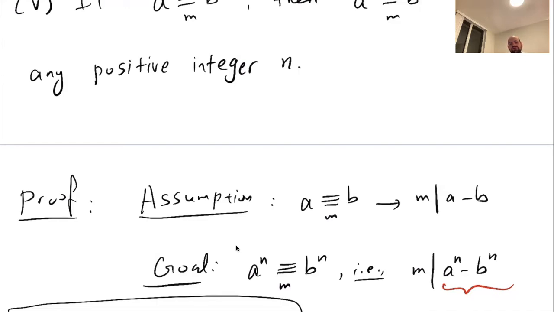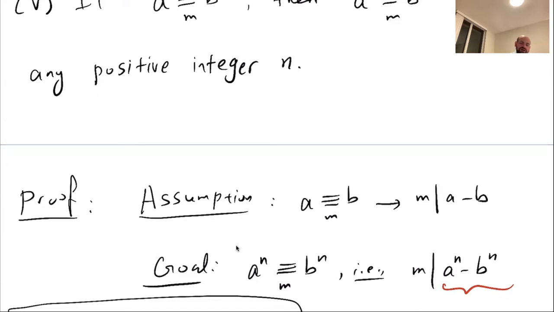Now, can you imagine a multiple of A minus B which can give you A to power n minus B to power n?